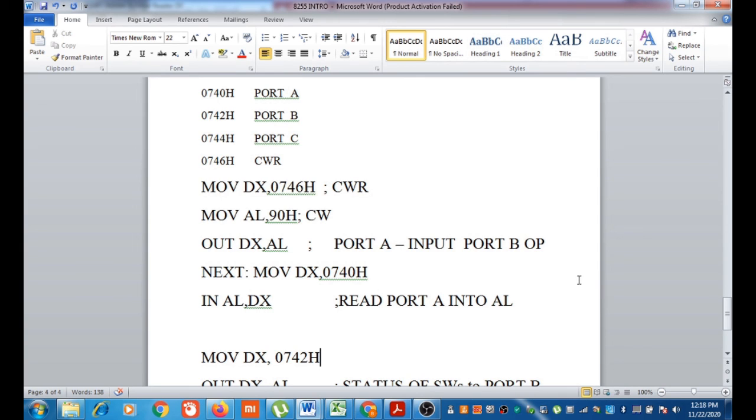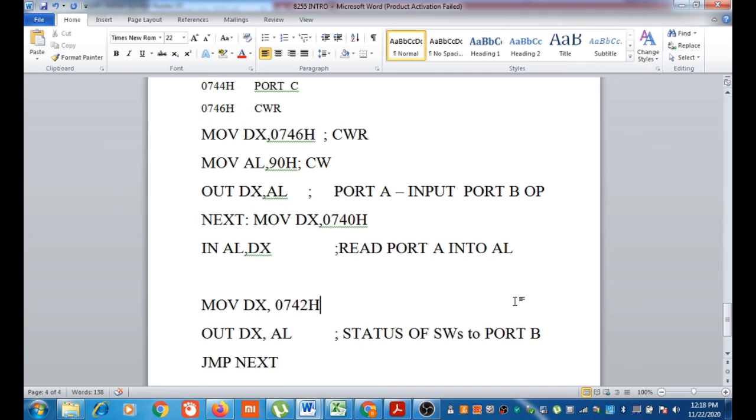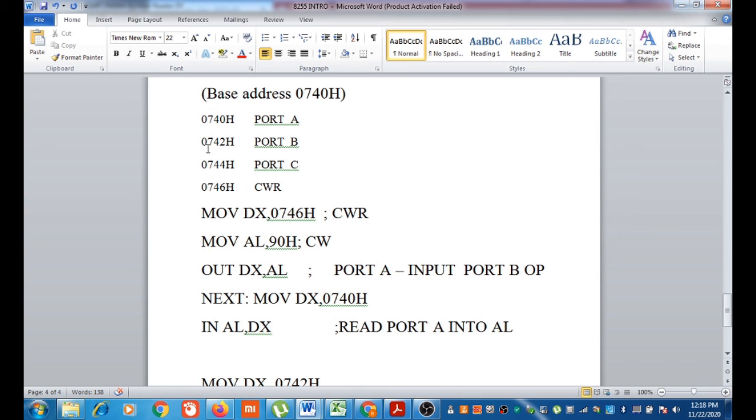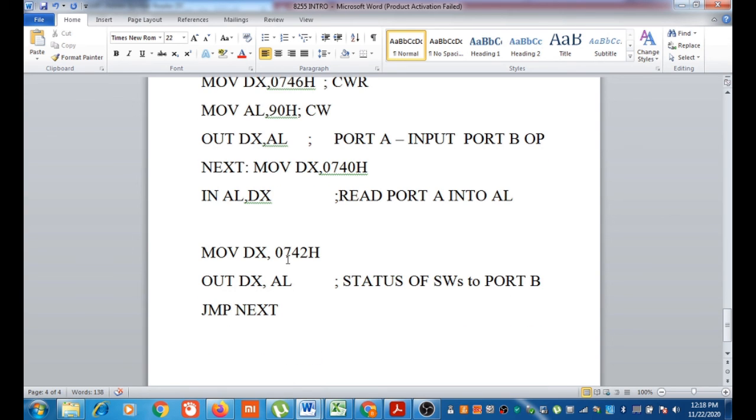You have connected the switches to port A, so you are reading port A. Then you have to write the status to port B. You have connected the LEDs to port B. For that, port B address is 0742. You have loaded that to DX, then out DX comma AL. AL contains the status. So in AL, load the status. You are outputting that. Then you are going to read the next status. So you are doing it continuously.